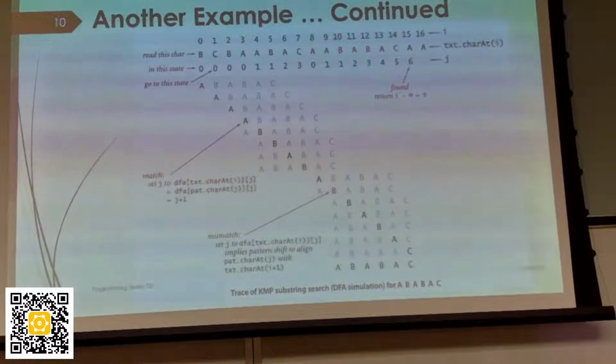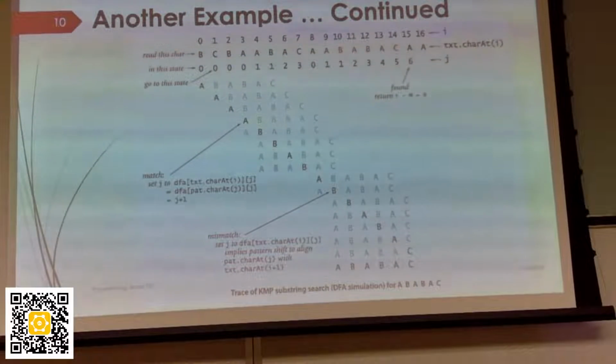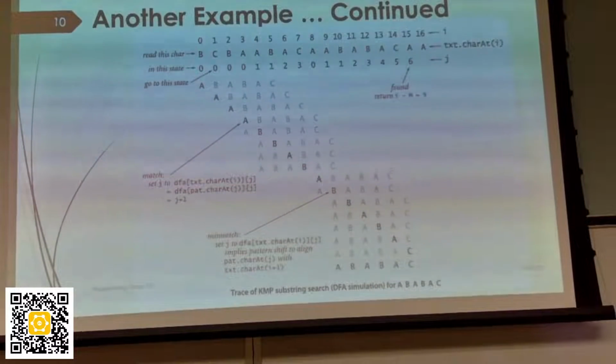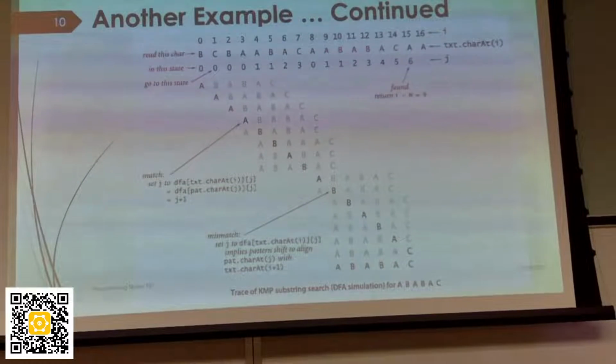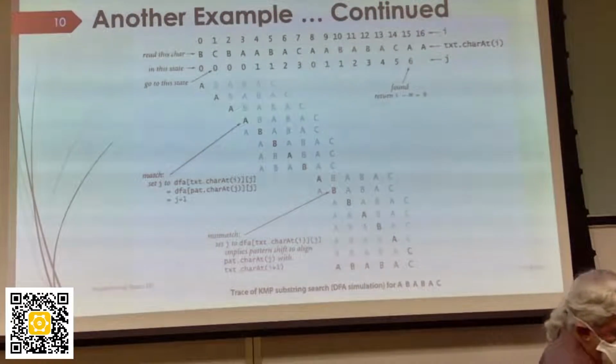So ABA, the state tells you how many characters have been matched prior to this, right? So if I'm on position 7 and I'm on state 3, then ABA is correct, and I'm looking for the rest of it. Is that clear? So you're saying what the state tells you is how many characters you've matched.